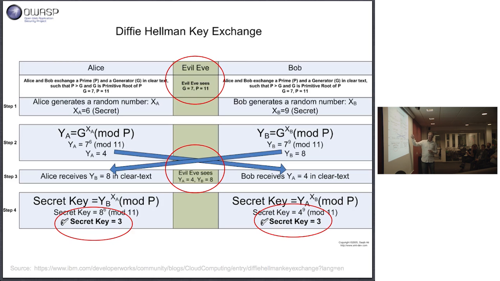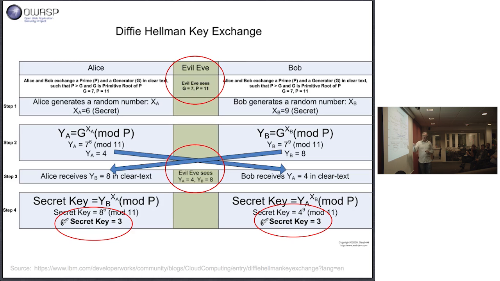And then they use the algorithm to generate a value, these two values here, and then they send those values to each other. And the man in the middle can look at these values and see that they've been exchanged. And when they receive the values, they can generate a third value here, which is the secret key, or the master secret in the case of SSL/TLS.